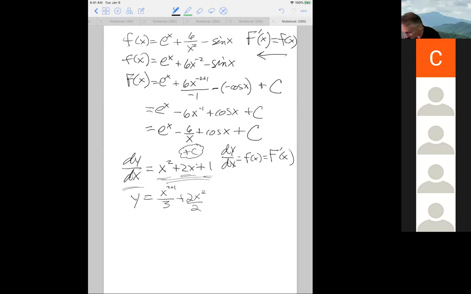So this becomes 1x. And here is where plus c shows up. And so now let's simplify this. So the final answer, y, is equal to x to the 3rd over 3. The 2's cancel, so I get plus x squared. The 1 goes away, plus x plus c.